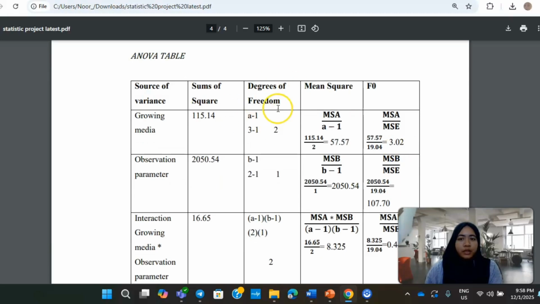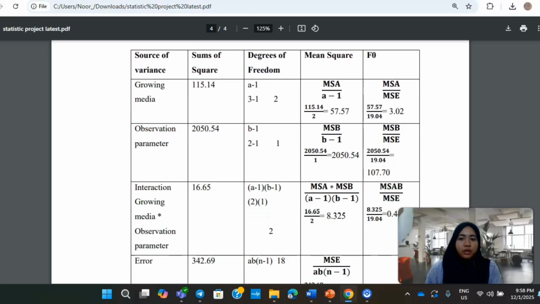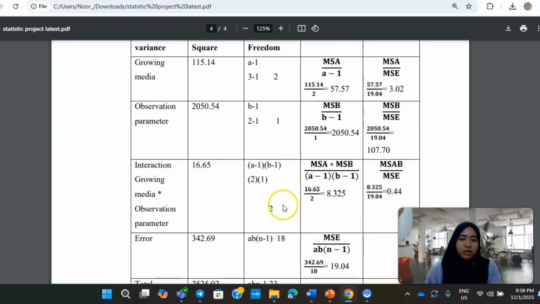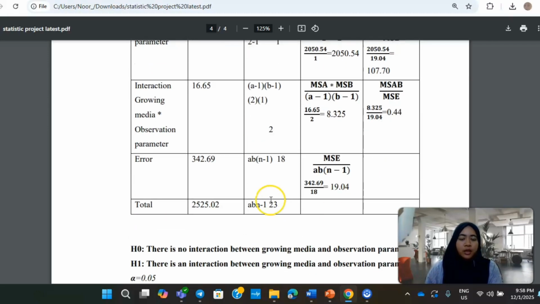To get the degrees of freedom: A minus 1 for the growing media, B minus 1 for the observation parameter, and for the interaction between growing media and observation parameter, A minus 1 multiplied by B minus 1. For the error, A multiplied by B multiplied by N minus 1. For the total, A multiplied by B multiplied by N minus 1.